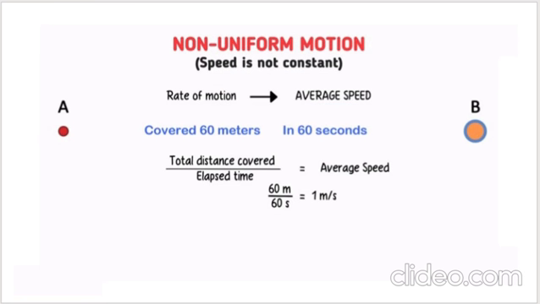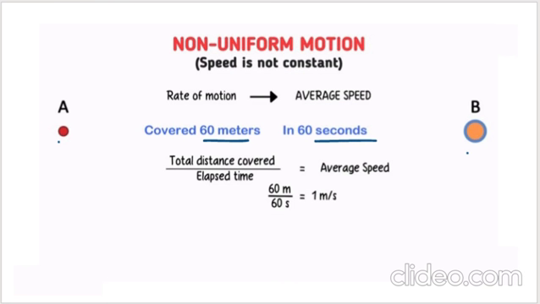So take suppose that there is object A, object B. Okay, so object A covered 60 meters in 60 seconds. So what will be the total distance covered?